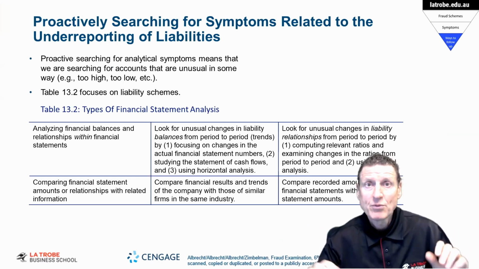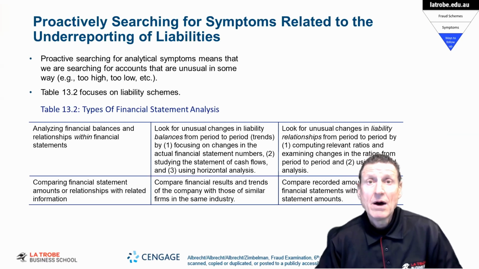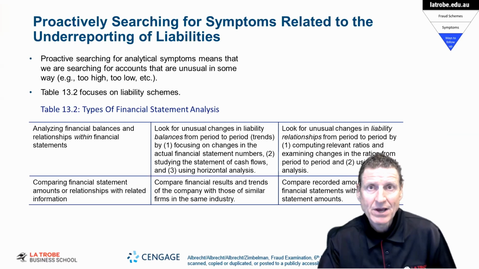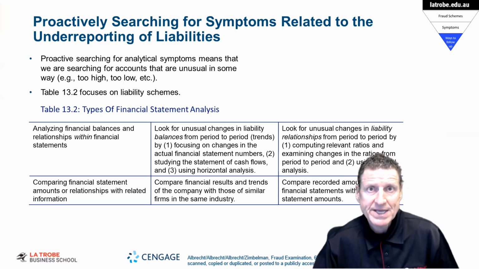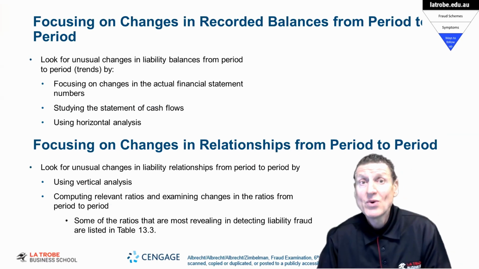For private companies, a little bit more difficult, but if you're a fraud investigator with specialized industry knowledge, then you would already have that information to compare with the company that you are investigating. So this is listing out what was shown in the table where we do horizontal and vertical analysis.